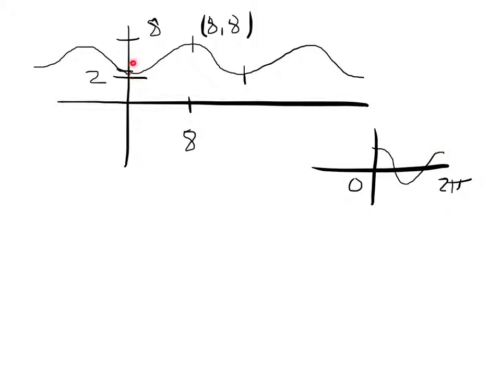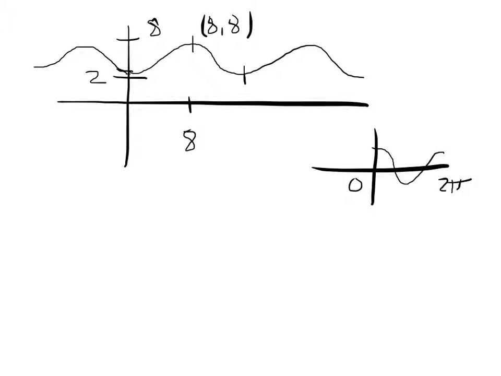I know my amplitude here: between 2 and 8, that distance is 6, and halfway in between is going to be my midline, if you will, of my wave. So I know my amplitude's 3. If my amplitude is 3, from 2 up 3 units would take me to 5, so I know everything's been moved up 5 units.